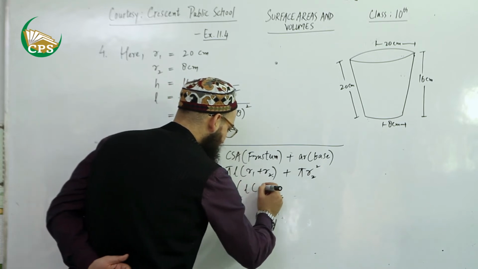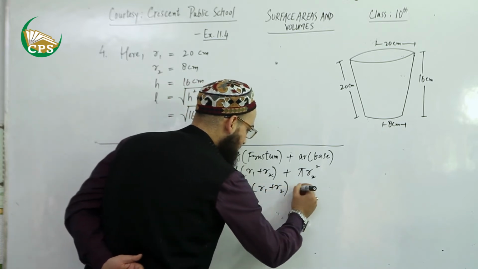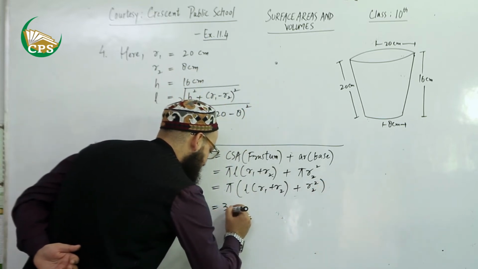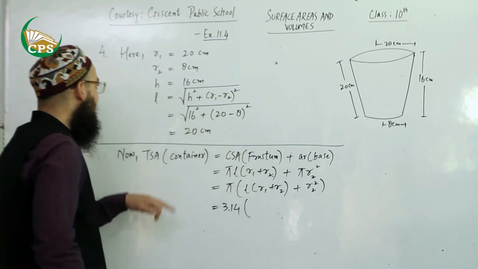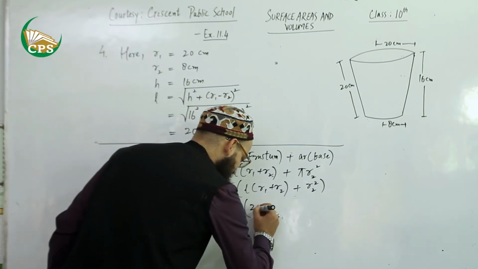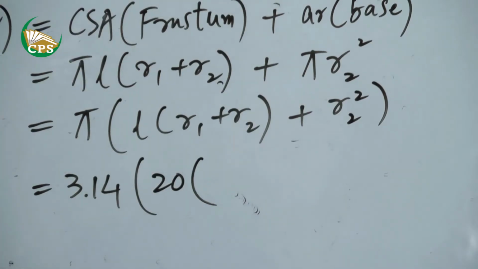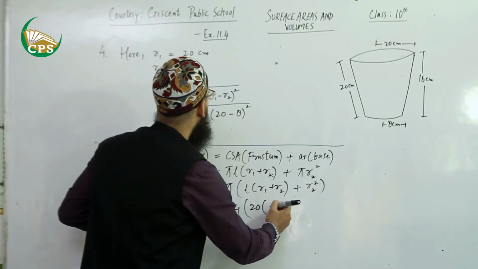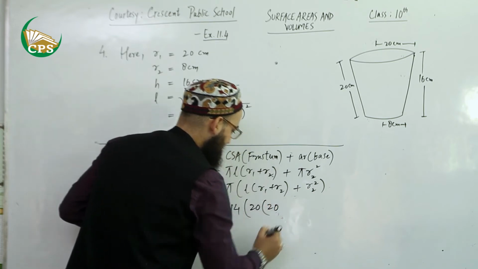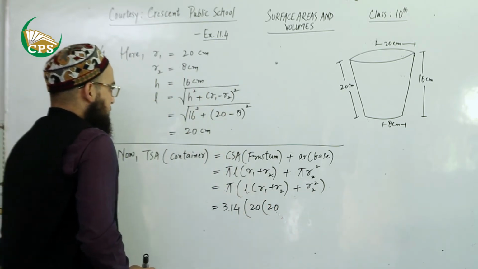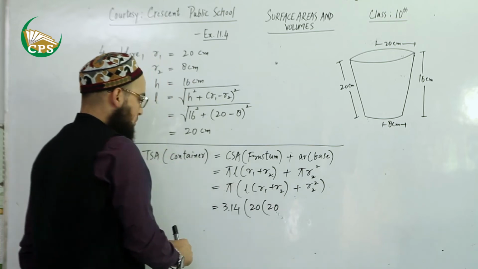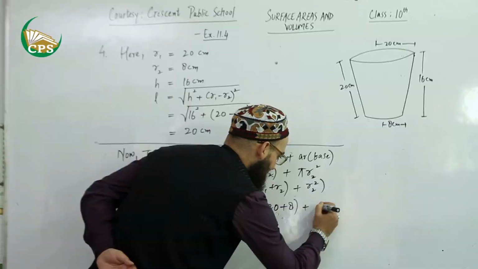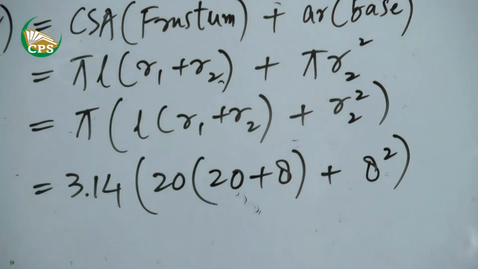Then we have L times (R1 plus R2) plus R2 square. Put the values. 3.14 times, L is 20, then R1 is 20 as well, then R2 is 8, so 20 plus 8, plus 8 square, because R2 is 8.